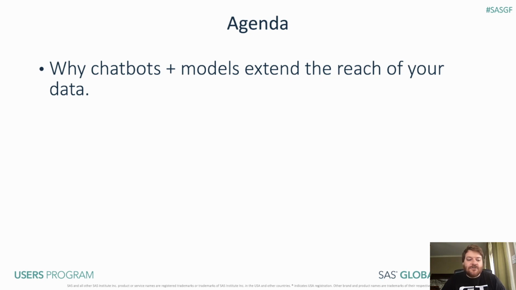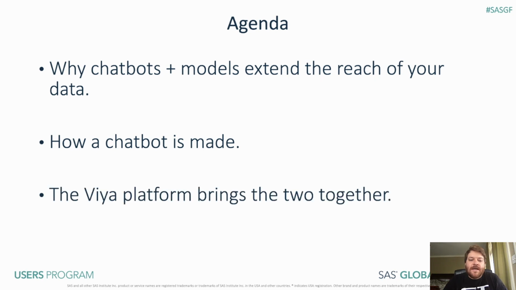Just like a graphical user interface allows certain uses of data, text-based interfaces have their own unique benefits and reasons that you might want to expose your models there. We'll take a pretty extensive look at how a chatbot is made, especially using SAS Conversation Designer. And then lastly, given the VIA platform, so you're creating this bot, you've got your models, how do you link the two, and even link things that are outside of the SAS ecosystem using the VIA platform.